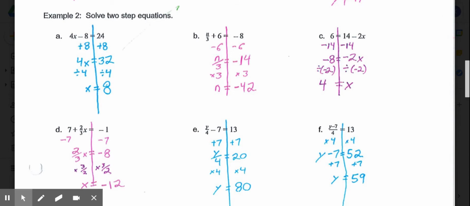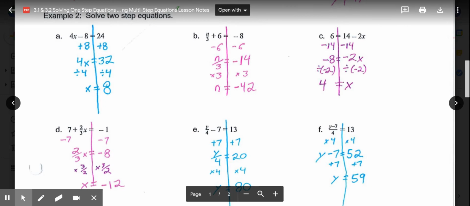In A, we have 4x minus 8 equals 24. If I look at the side with the variable, I have multiplication, 4 times x, and I have subtraction of minus 8. So the first thing I want to do is get this minus 8 to cancel out or go back to 0. So I drew my line segment through the equal sign.